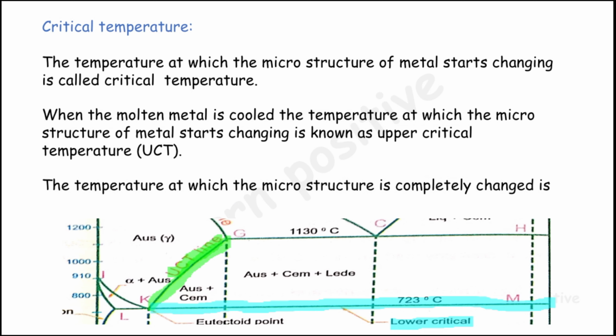So UCT is the temperature at which the microstructure is completely changed. By reducing the temperature, it is solidified, and the point is said to be the lower critical temperature. So it is 723 degrees Celsius, LCT, lower critical temperature.